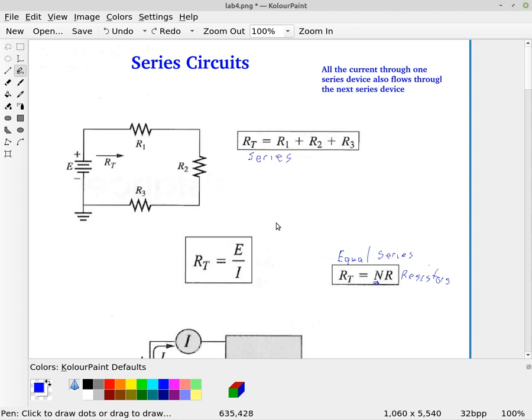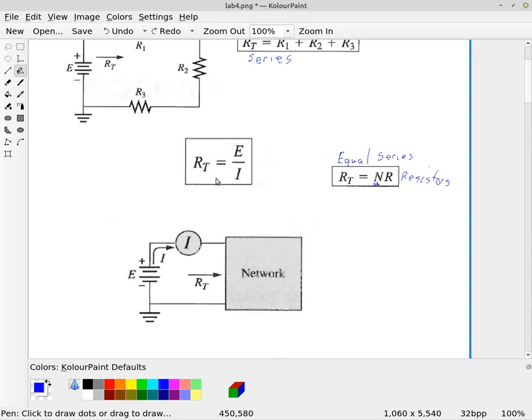If we know the total resistance and the supply voltage, then Ohm's law, remember, this here in this box is Ohm's law, tells us that the total resistance is equal to the voltage divided by the current.